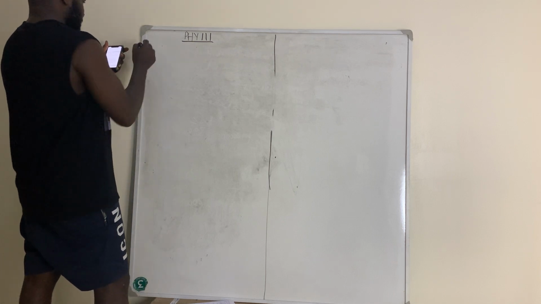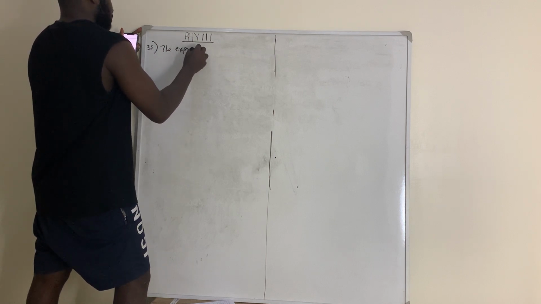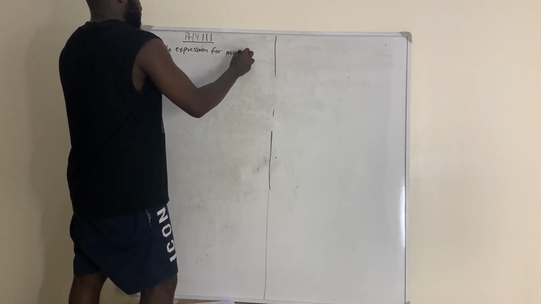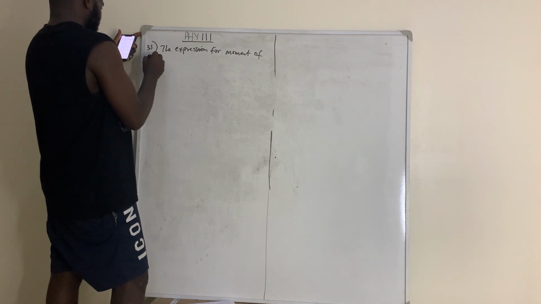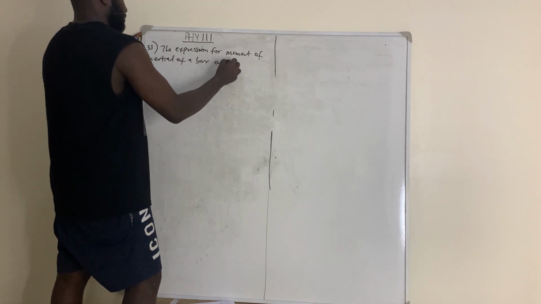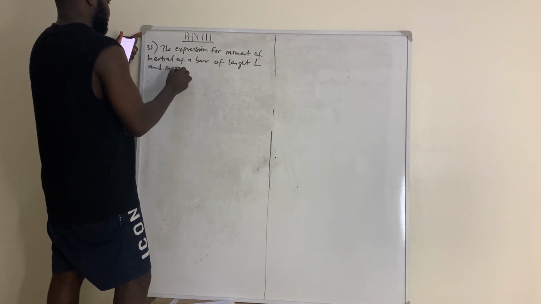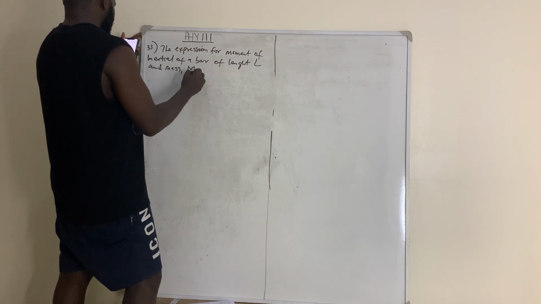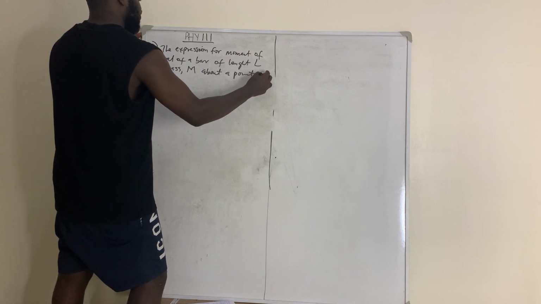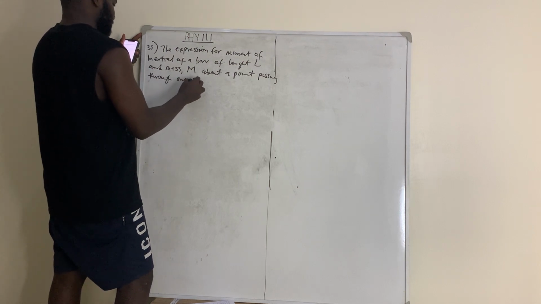Question number 33 said: the expression for moment of inertia of a bar of length L and mass m about a point passing through one end.